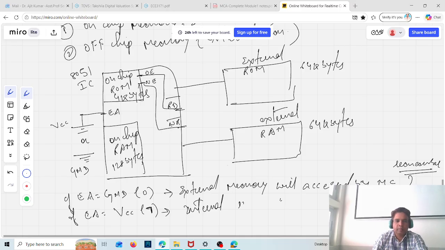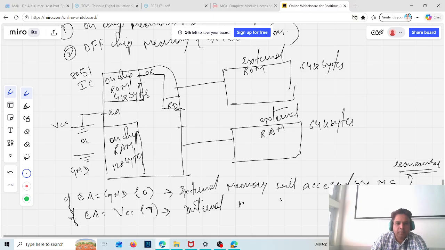One thing you have to remember: this is ROM, so from the ROM it is going to do only the read operation. So the write will not be there. And in this case this is RAM.